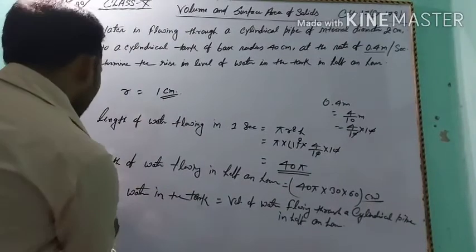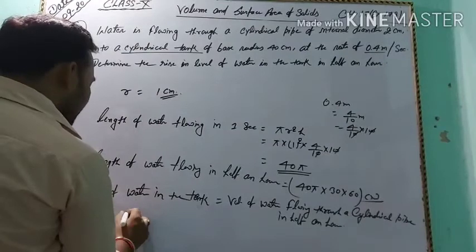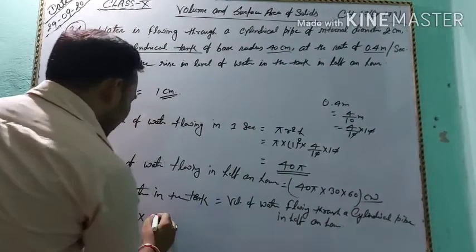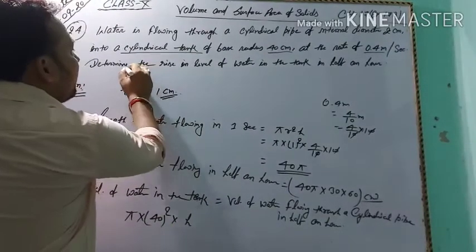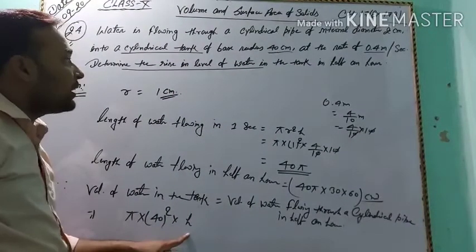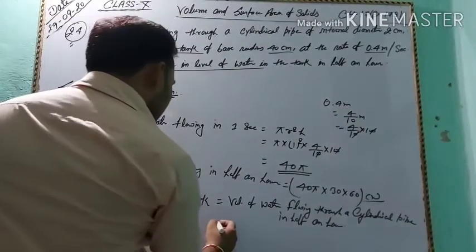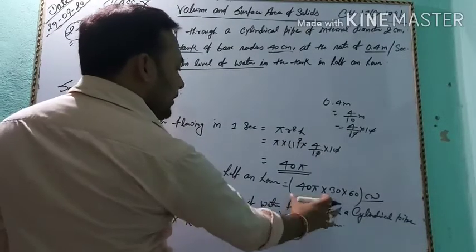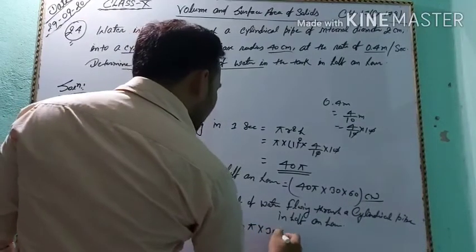Okay, so volume of the water in the tank, and tank is the cylindrical tank, that is pi r square. So radius is 40 centimeter, r square 40 ka square, and the height, determine the rise in the level of water, let it be h centimeter. Okay, so equal to volume of water flowing through a cylindrical pipe in half an hour is 40 pi multiply 30 multiply 60.